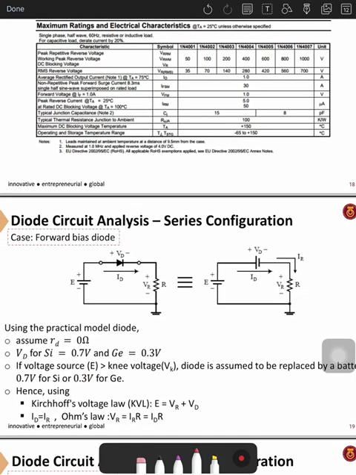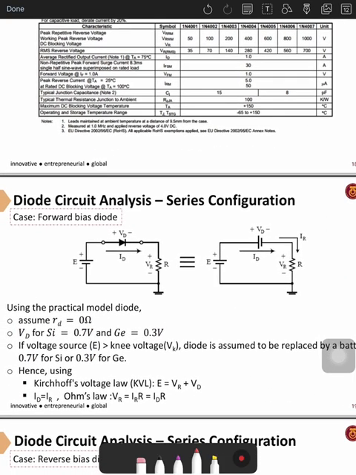Now, how do we analyze the diode circuit for the case of the forward bias? Let's take a look at this one. First of all, we set the resistance inside the diode equal to 0; we can neglect the resistance inside the diode.